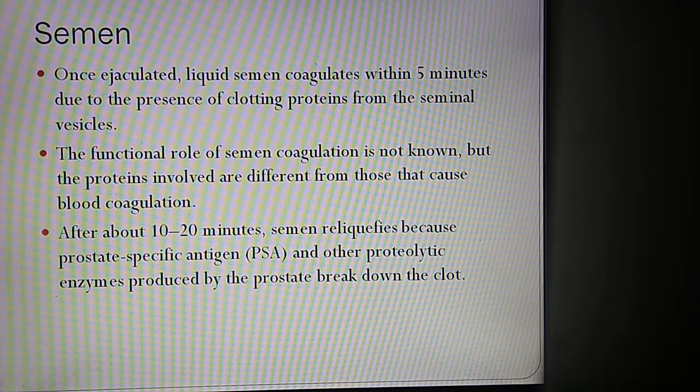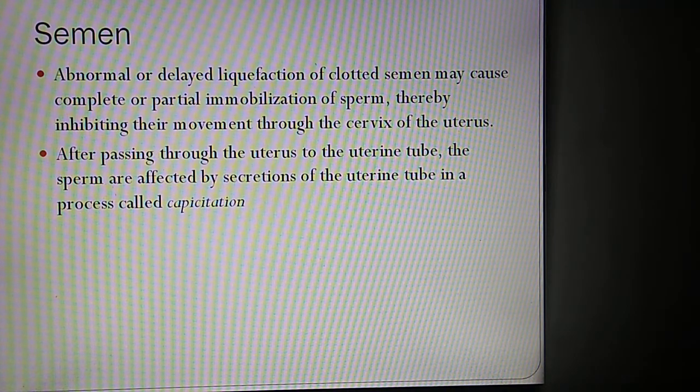After 10 to 20 minutes, semen reliquefies because prostate-specific antigen and other proteolytic enzymes produced by the prostate break down the clot. Abnormal or delayed liquefaction of clotted semen may cause complete or partial immobilization of the sperm, thereby inhibiting their movement through the cervix of the uterus.